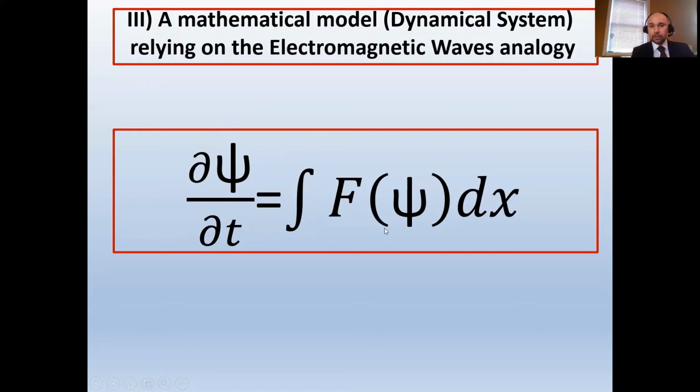And this integral means that all the parts of the mind, the id, the superego, will act and manifest, interact with external events, and this will give my psychic state at the time t.